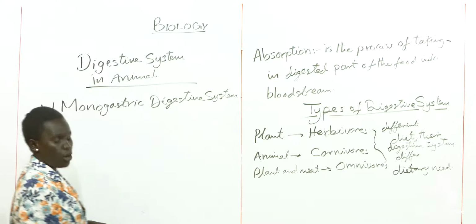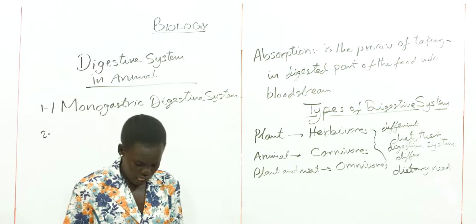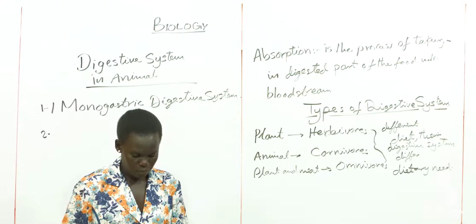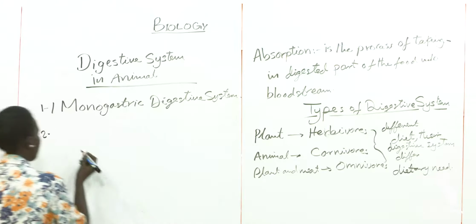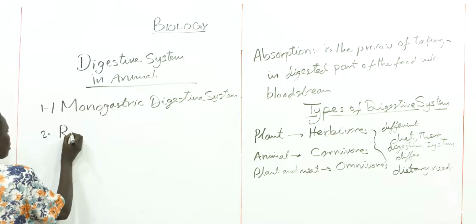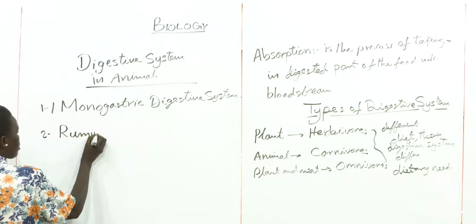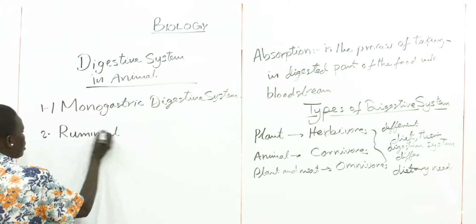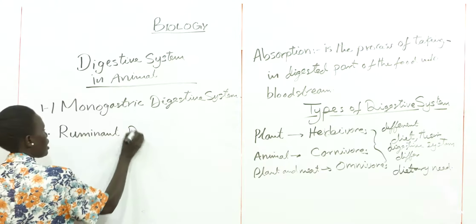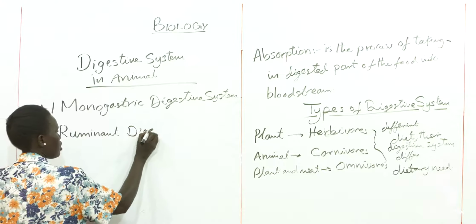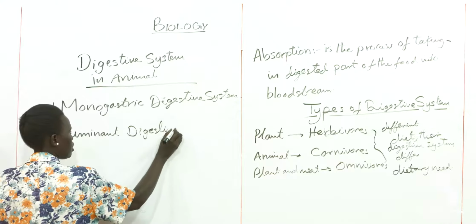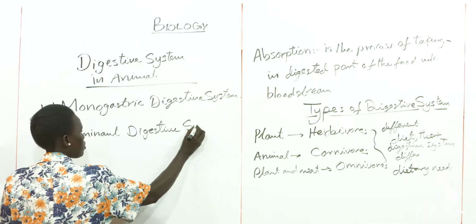Number two, the ruminant digestive system.